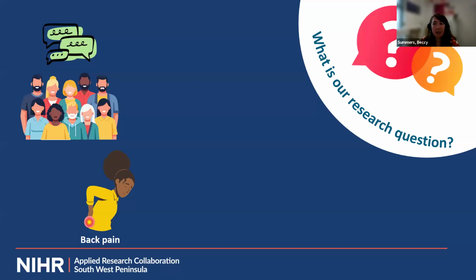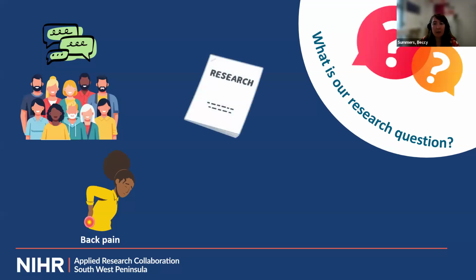We might then look out there, see what research has already been done, and we might see that actually there is a new treatment that looks promising, but it's not actually being used at the moment to manage people's back pain. So our research question might be, is our new treatment better at managing people's back pain than the current treatment that we use?